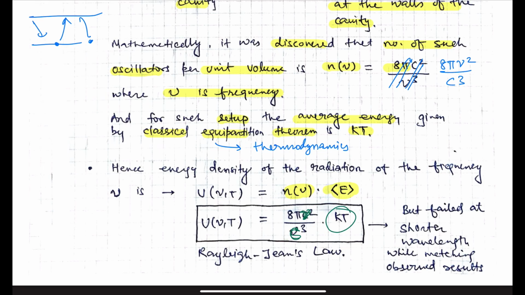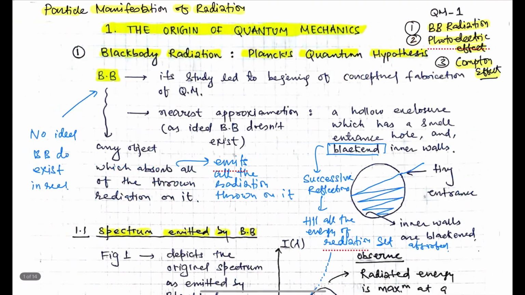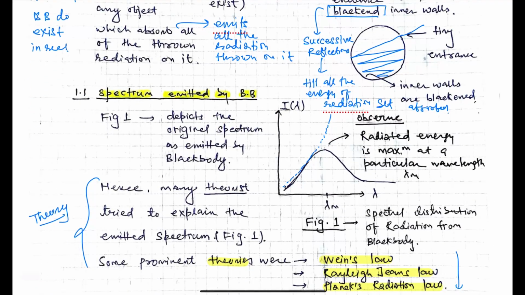This was also correct, but it failed at shorter wavelengths. Wien's law was failing at longer wavelengths, but this formulation fails at shorter wavelengths, and the rest was fine. If you plot the Rayleigh-Jeans law, you would plot it like this. This particular plot is the Rayleigh-Jeans law plot.